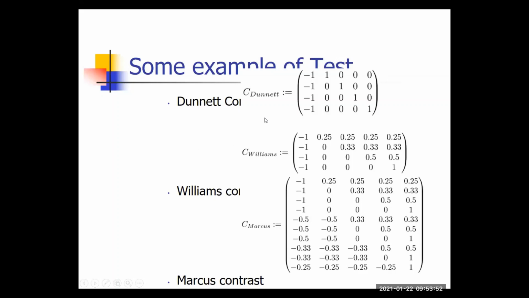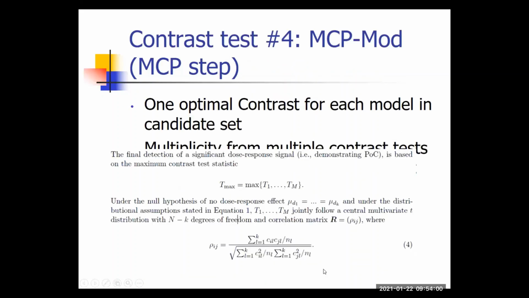And of course, we can have a family of contrasts like this: a Dunnett family, a Williams family, a Marcus family. The MCP step is the multiple comparison adjustment for alpha control, because you look at the maximum T.